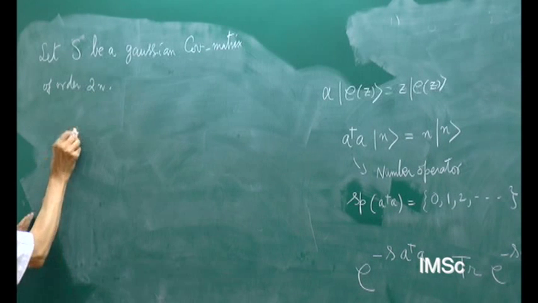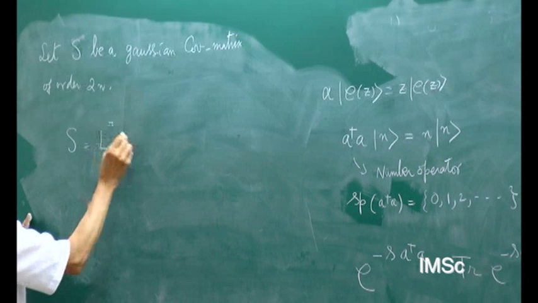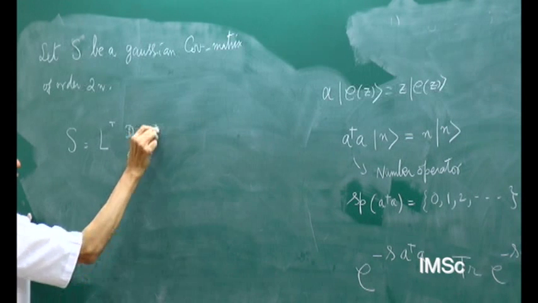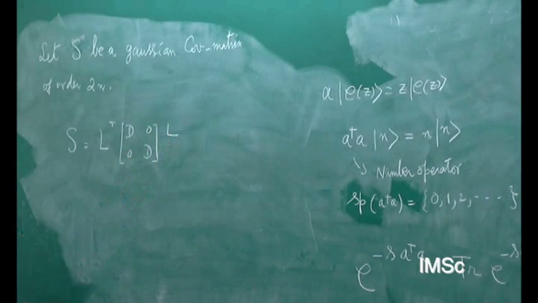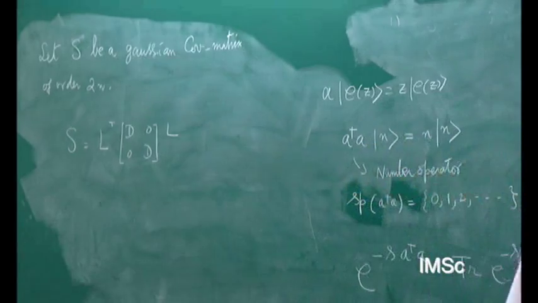Then S also can be written as L transpose [D 0; 0 D] L, with D equal to diagonal D1, D2, up to Dn.